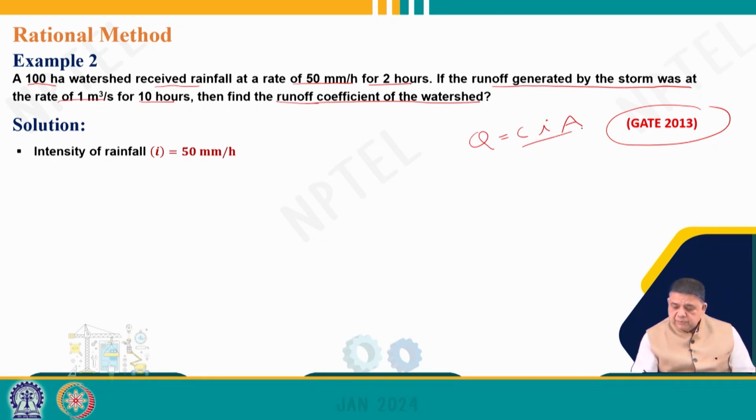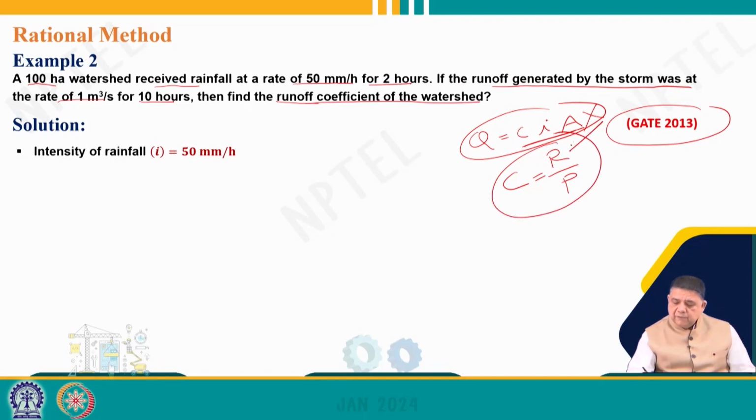So basically we do not have to use this formula, but instead we will use C equals R by P. So we do not need to go for the rational formula in this particular problem. It is a simple problem where, knowing runoff and knowing precipitation or rainfall, we can determine the value of C.